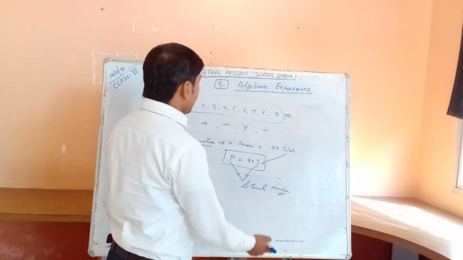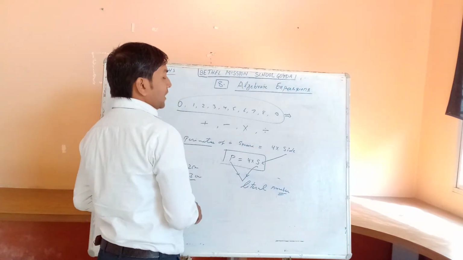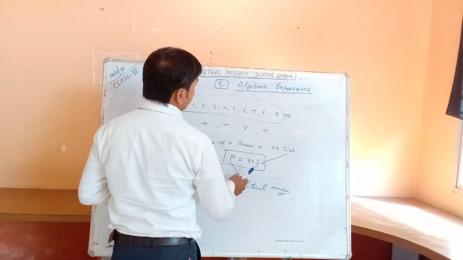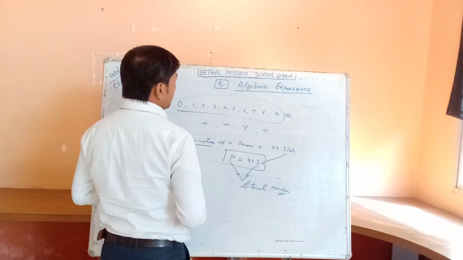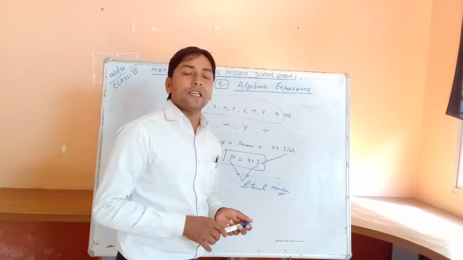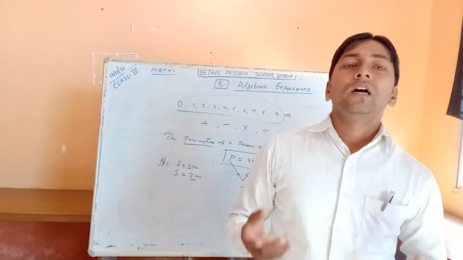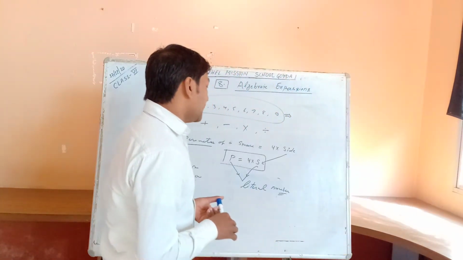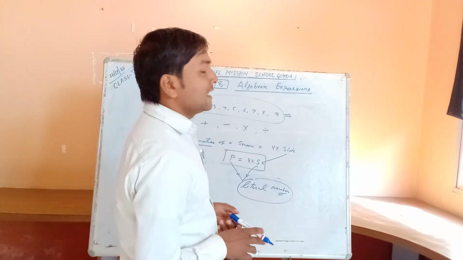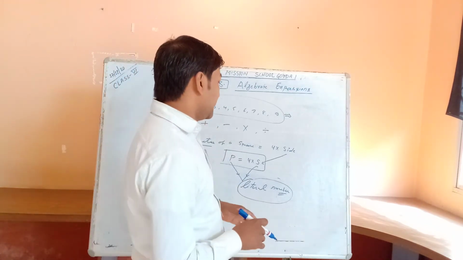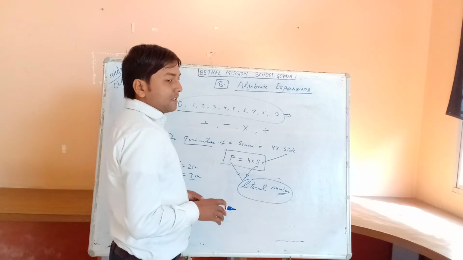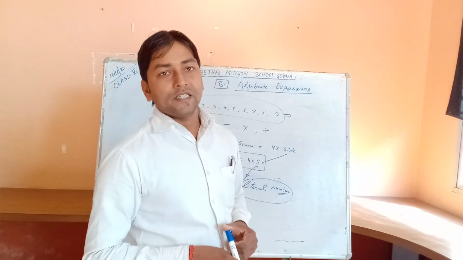Now when we write any formula with the use of numbers and literal numbers, that is called algebra. In algebra we use numeral and literal numbers, that is letters A, B, C, or X, Y, Z, whatever is given.